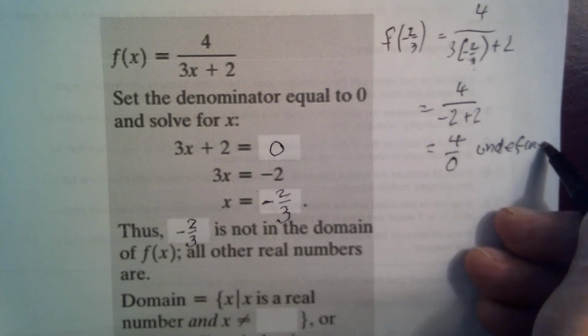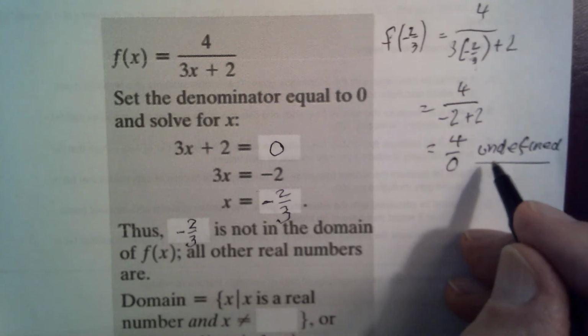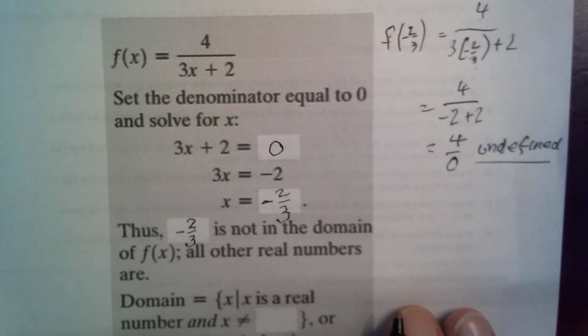So the function would not even be defined at that point. So that's why we have to exclude that point.